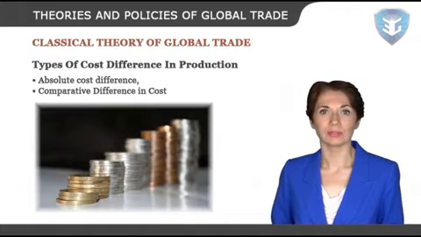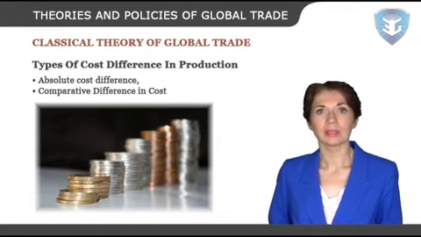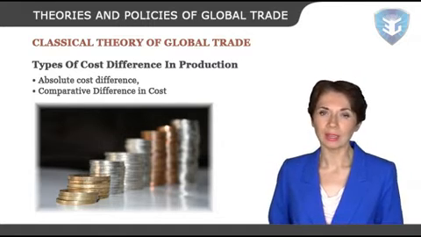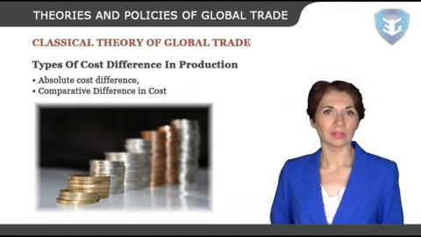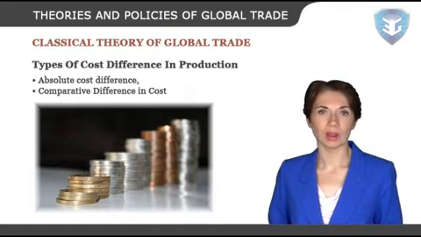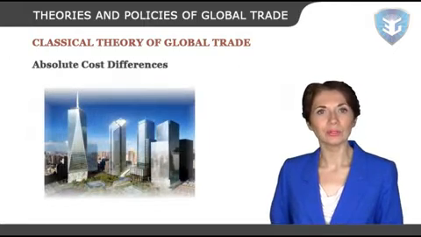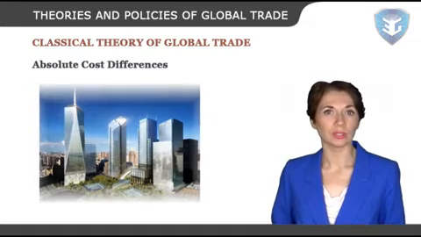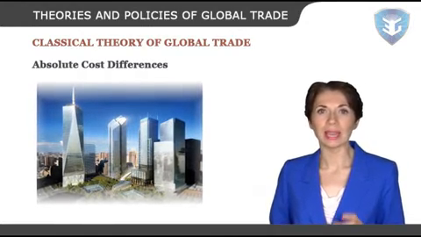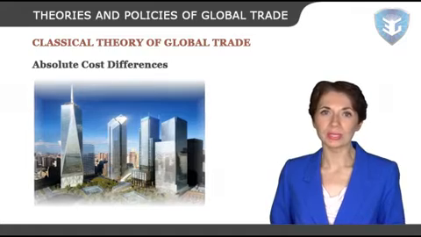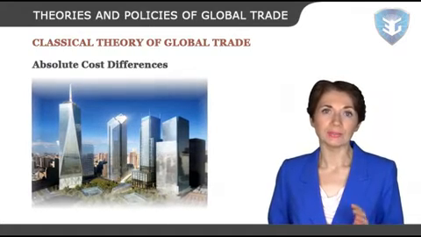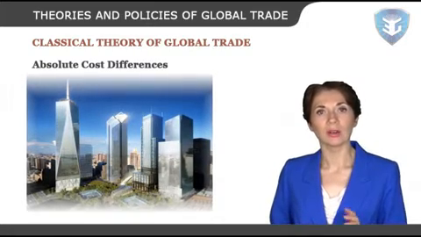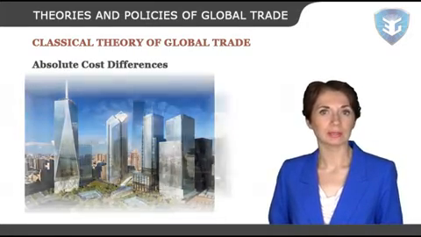Types of cost difference in production. Economists speak about two types of cost difference in production. They are absolute cost difference and comparative difference in cost. Absolute cost differences. Adam Smith, in his book Wealth of Nations, argued that global trade is advantageous for all the participating countries only if they enjoy absolute differences in the cost of production of the commodity in which they specialize.